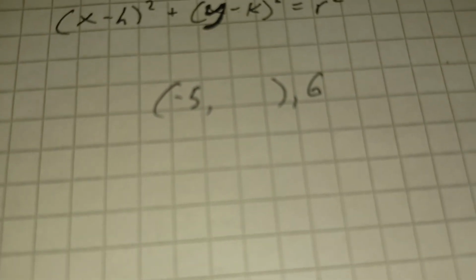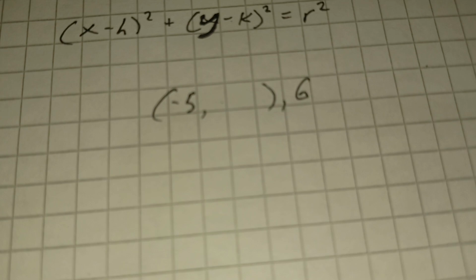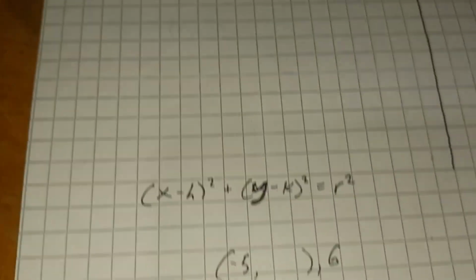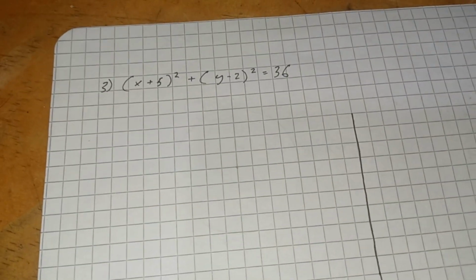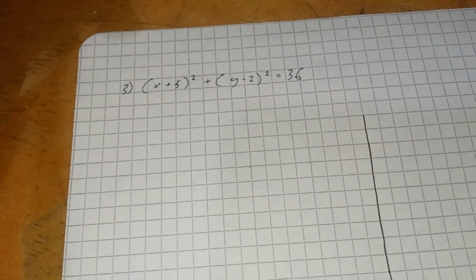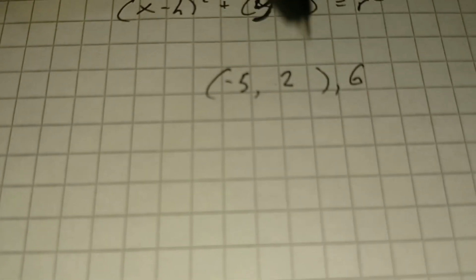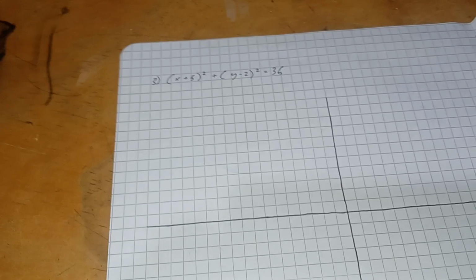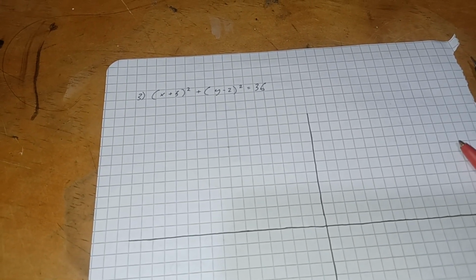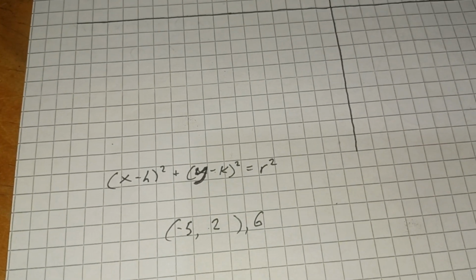And then we look at our k value, which is -2. That means we're going to be moving up 2 units, so it's a positive 2. So -5 because we're moving left 5 units, and +2 because we're moving up 2 units according to the formula.